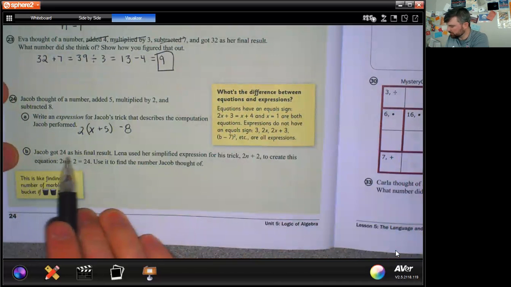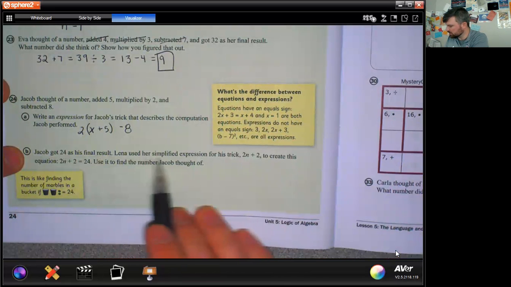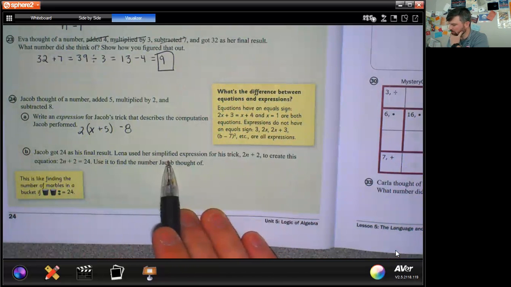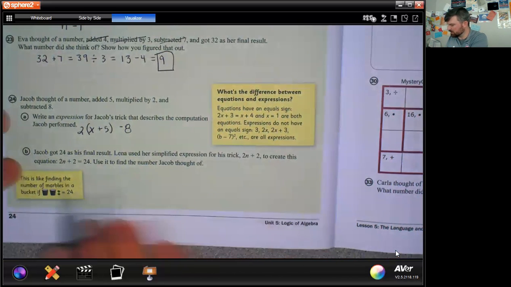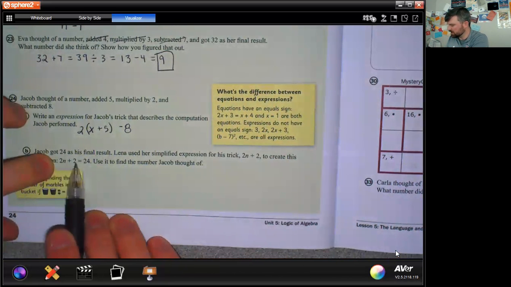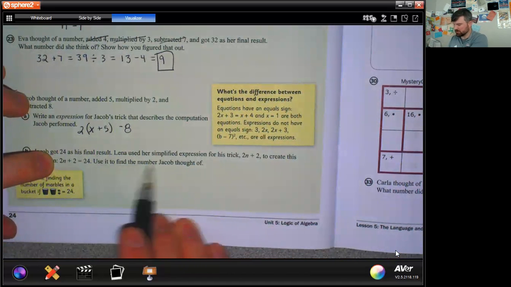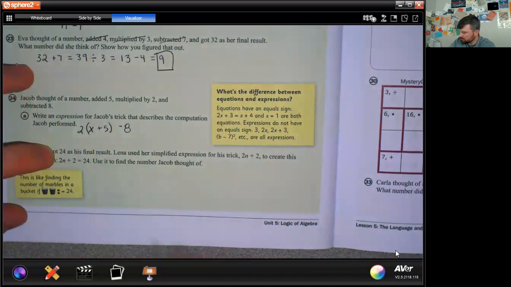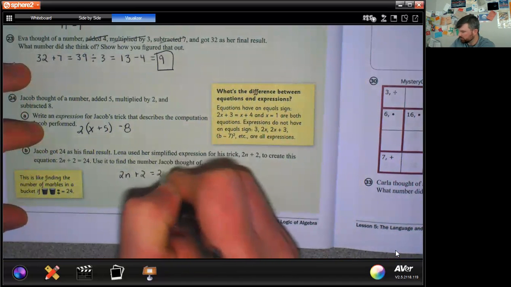Jacob got 24 as his final result. Lena used her simplified expression for his trick, 2n plus 2, to create this equation. 2n plus 2 equals 24. Use it to find the number Jacob thought of. Okay, so 2n plus 2 equals 24.